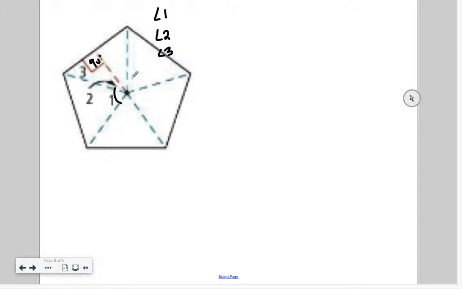I think I mentioned this earlier, but these 5 radii are cutting the inside of this pentagon into 5 equal angles. So to find the measure of one of them, I say 360 degrees, and then I divide it by the number of sides. Even if I had a hexagon, I would say 360 divided by 6. If I said a nonagon, I would say 360 divided by 9.